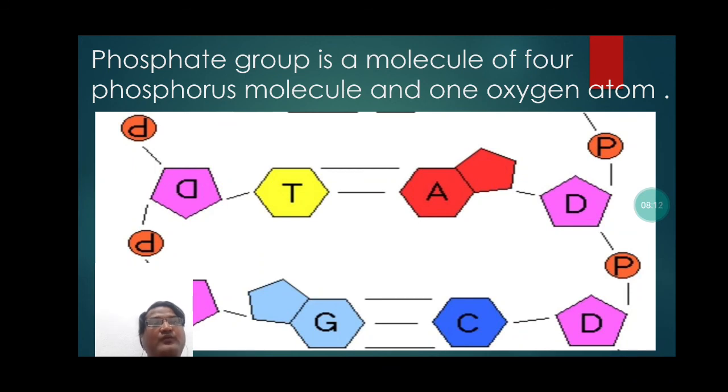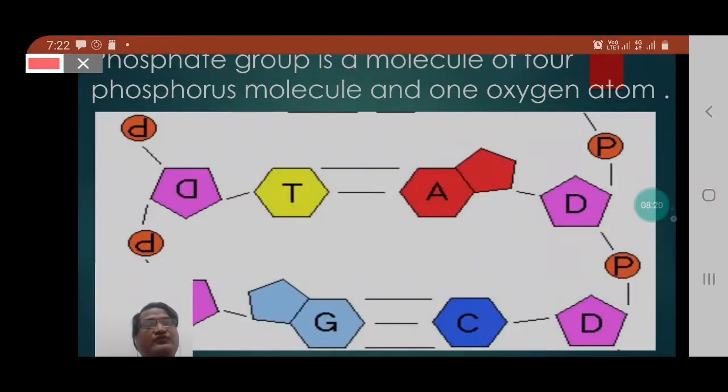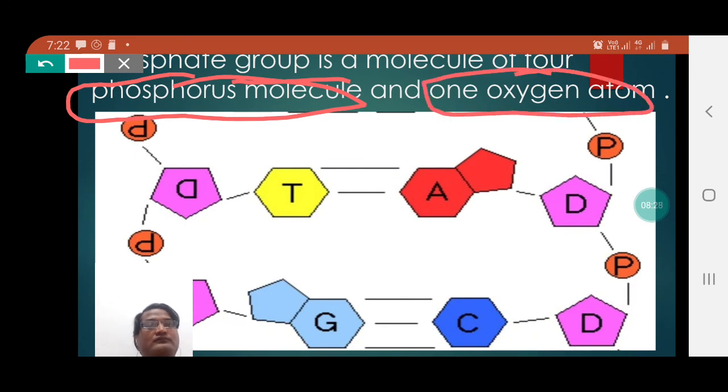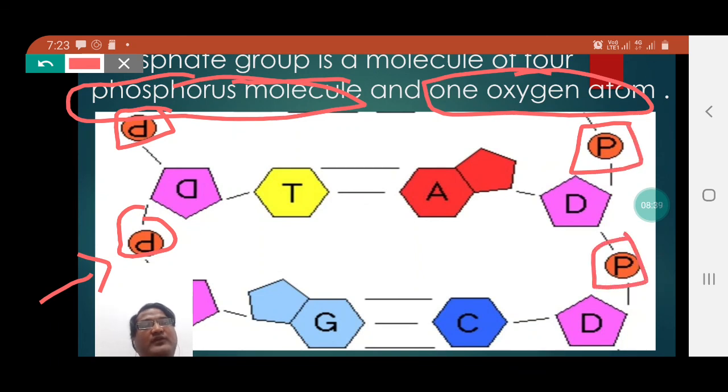Phosphate group is a molecule of 4 phosphorus molecules and 1 oxygen atom. Now students, phosphate group is actually a collection of phosphorus molecules and 1 oxygen atom. If we concentrate on this picture, then we can easily notice the phosphorus group represented as P in the DNA molecule.